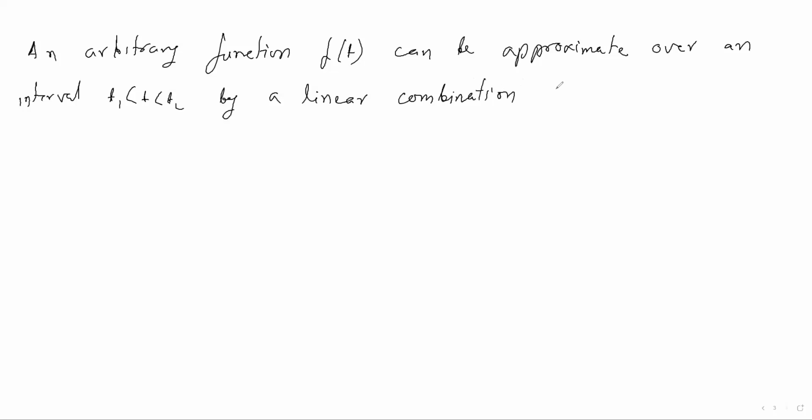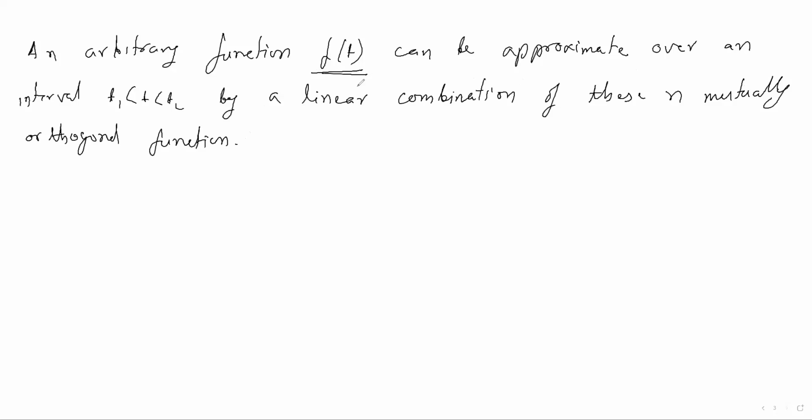A linear combination of the above mutually orthogonal functions. So now we are going to approximate a function f(t). Earlier we took f1, now I am taking f(t). Here I have said it is an approximation, that's why we give this sign.